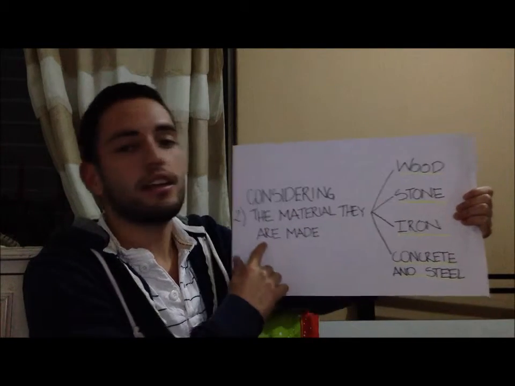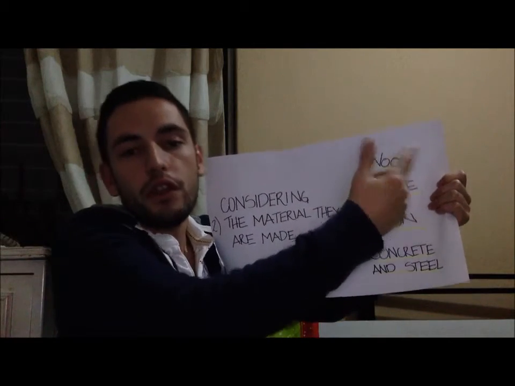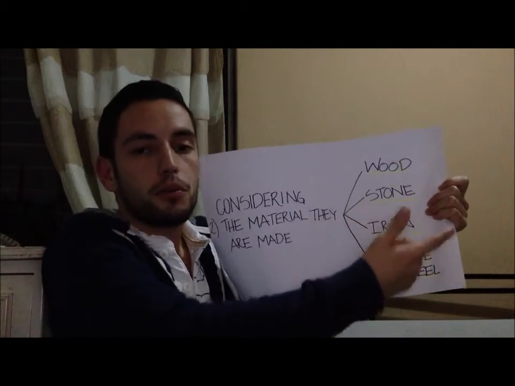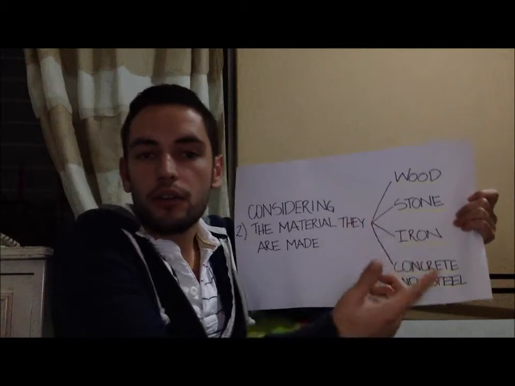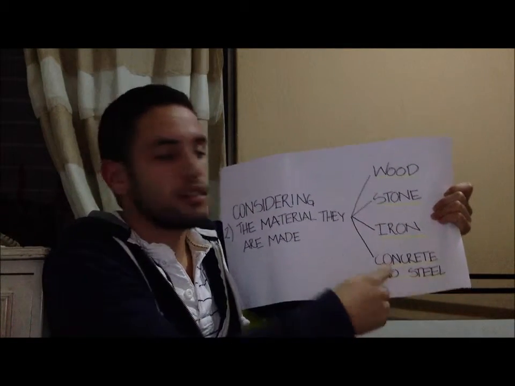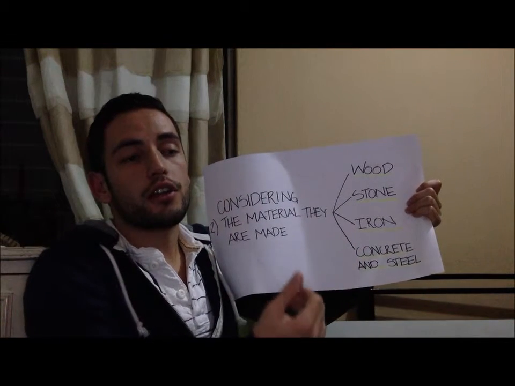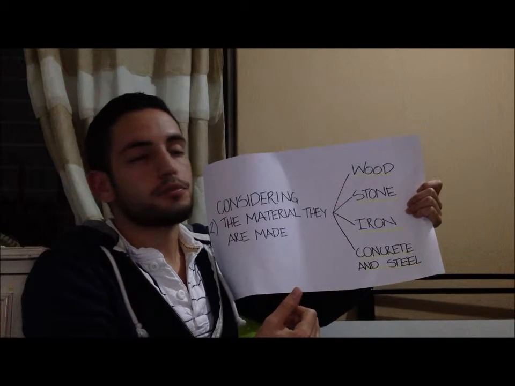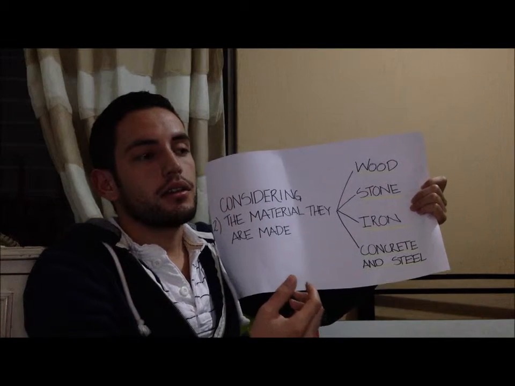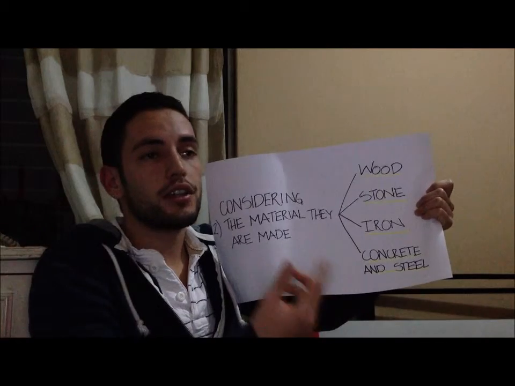Considering the material, they subdivide into wooden bridge, stone bridge, metal or iron bridge, and concrete and steel bridge, which is the same as reinforced concrete or prestressed concrete.